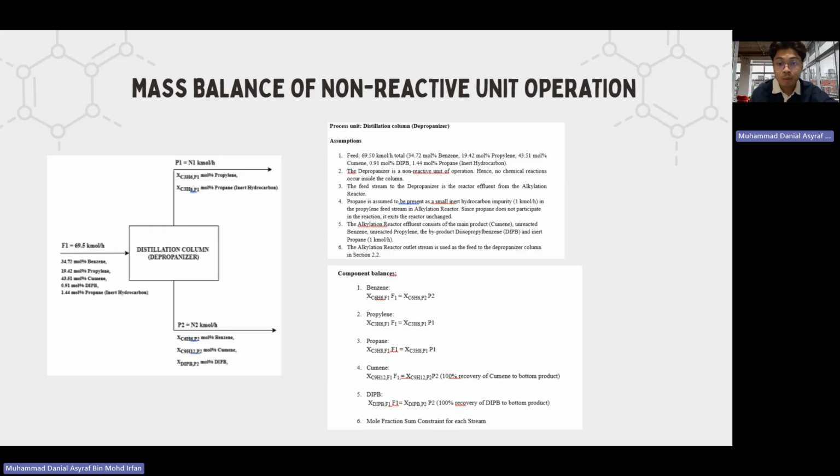Therefore, the overall mass balance equation can be written as F1 = P1 + P2, where P1 represents the overhead product, while P2 represents the bottom product. In this analysis, we assume perfect separation for simplification. This means that all light hydrocarbons, which are propylene and propane, exit through the overhead stream, while the heavier components like benzene, cumene, and DIPB leave through the bottom stream.